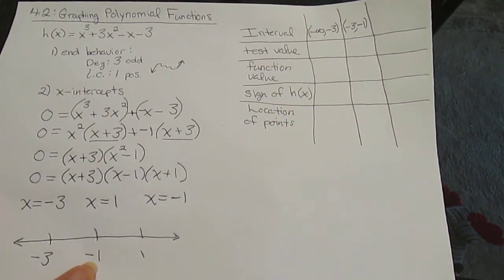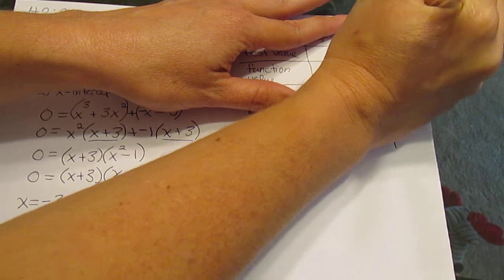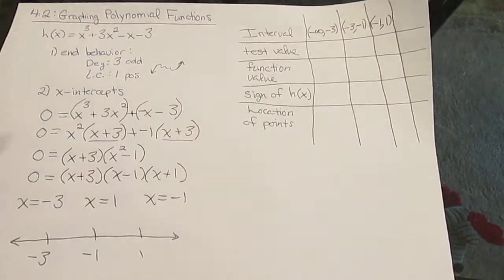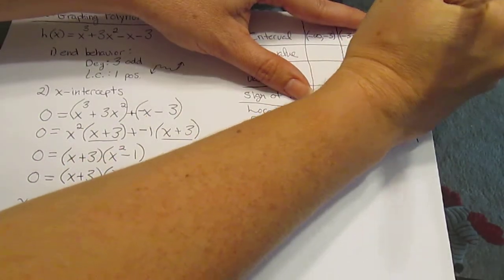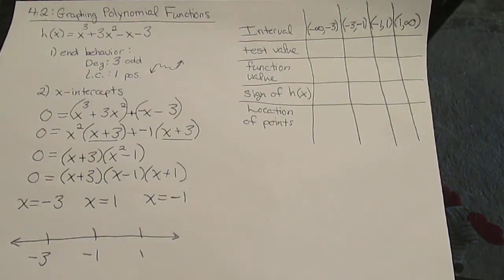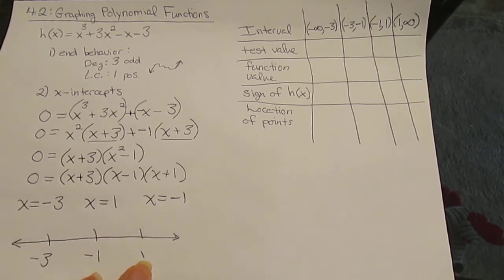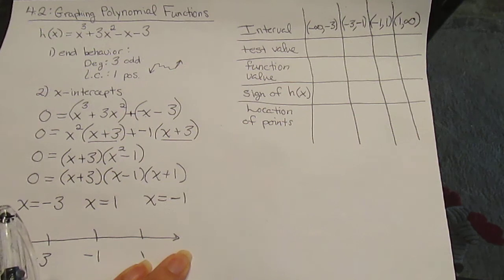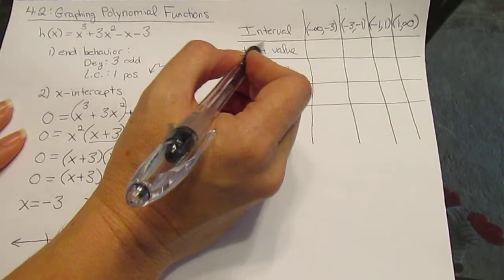Then I've got -1 to 1. And finally 1 to infinity. So once you find your x-intercepts, put them on a number line so that it'll easily make your intervals easy to find. The test value, well, it's just what it says right here.